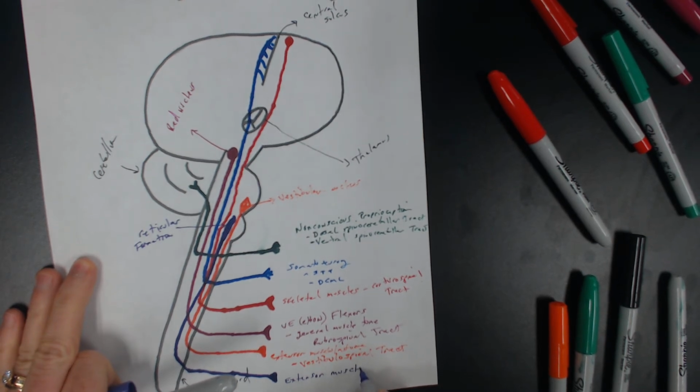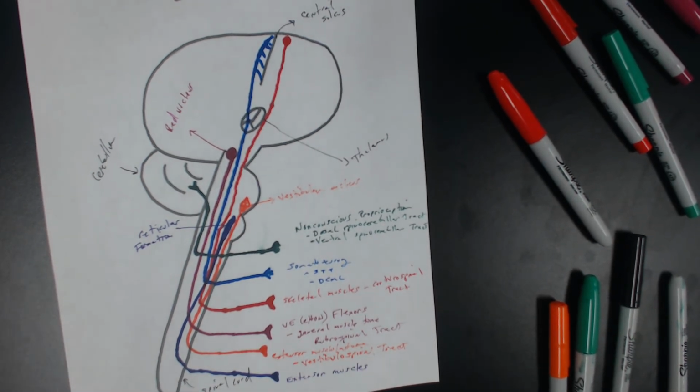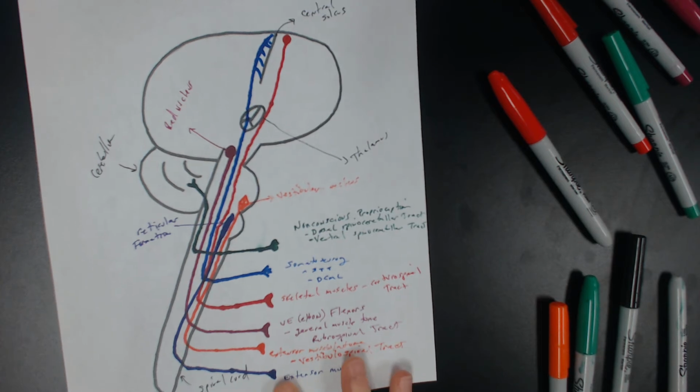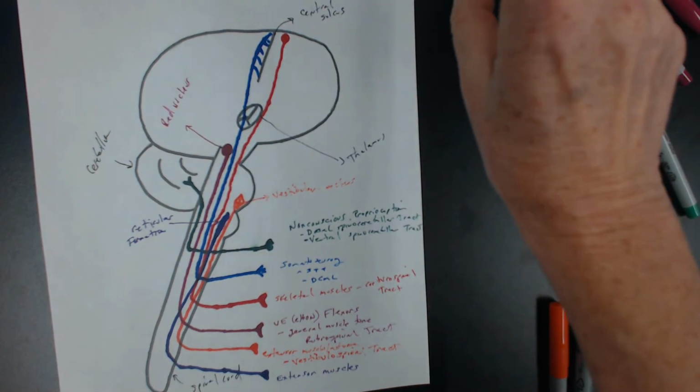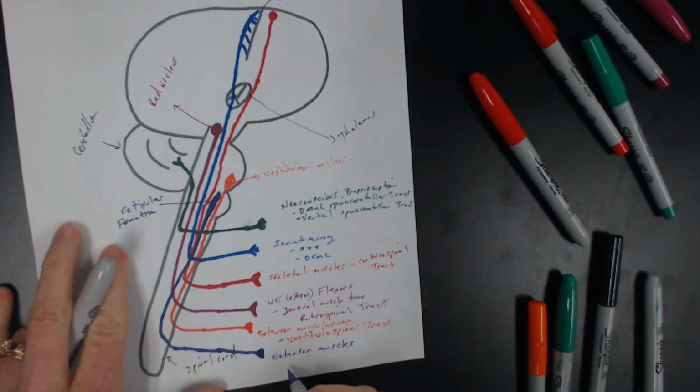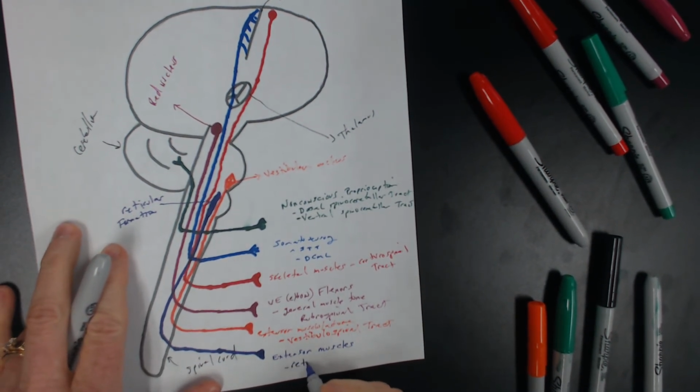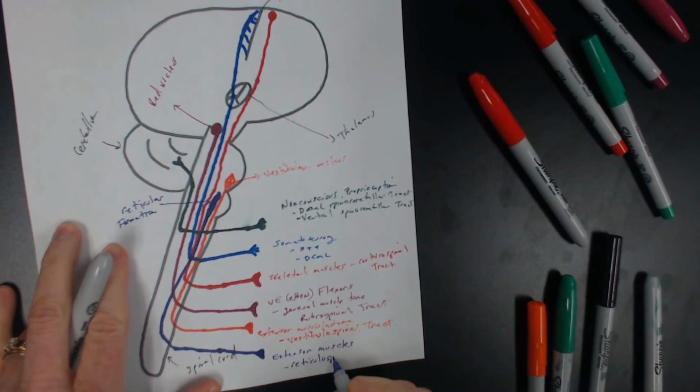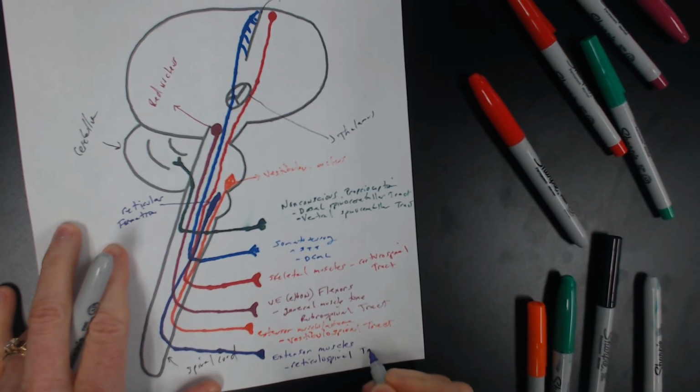So I'll just say extensor muscles. If you had to guess, does anybody want to venture a guess as to what this one's called? Yeah, this is the reticulospinal tract, exactly. That is your reticulospinal tract.